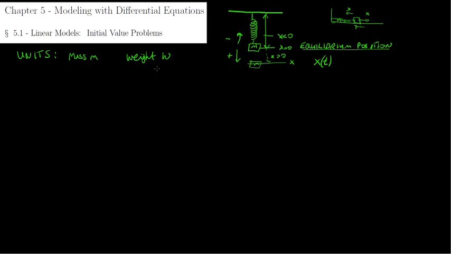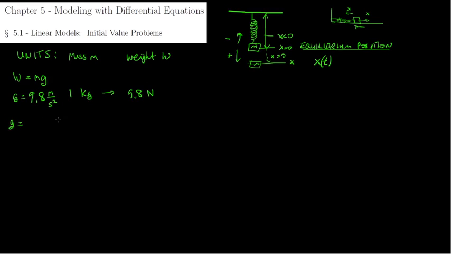I'm assuming most of you know the relationship between these: to get the weight, you just take the mass times g, the acceleration due to gravity. In SI units, g is approximately 9.8 meters per second squared. So if your mass is in kilograms, let's say we have a 1 kilogram mass, then the weight will be about 9.8 newtons. If you have a 2 kilogram mass, then the weight would be 19.6 newtons, right?